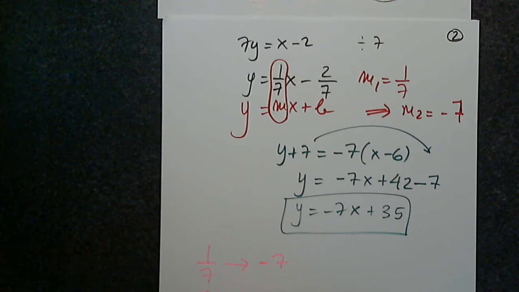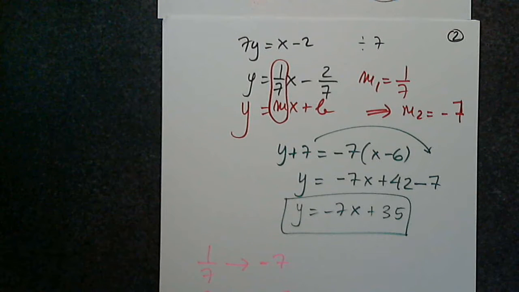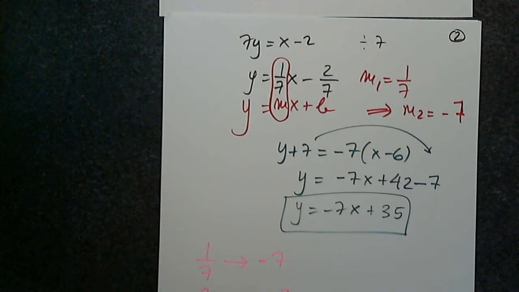But if I have 2/3, the other one will be -3/2. So I can't answer yes to that. If you find 1/7, take the reverse with minus in front. If you find 2/3, the reverse with minus in front, because this product is -1 and this product is -1. So for perpendicular lines, your product has to be -1.